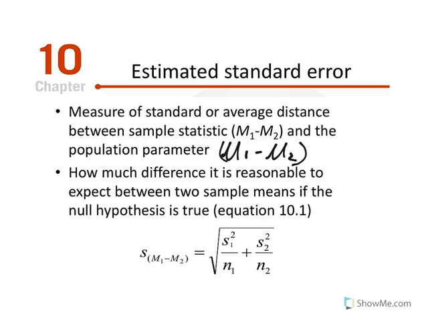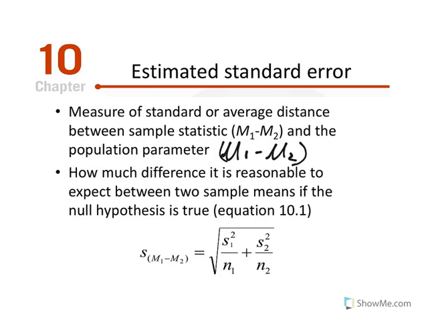Estimated standard error was based on using sample statistics to, again, assess the average difference between a sample mean and population mean. And now this estimated standard error of the mean difference is the average difference between sample 1 minus sample 2 compared to mu1 minus mu2. So it gives us a sense of how much difference is reasonable to expect between two sample means if the null hypothesis is true.